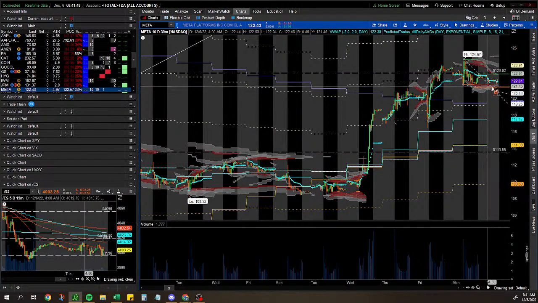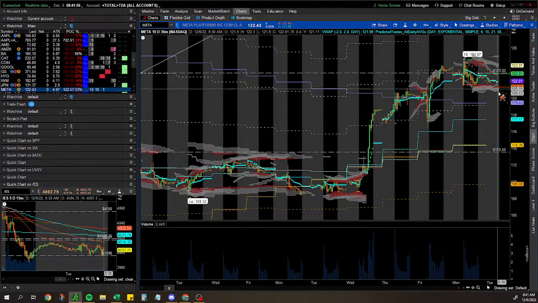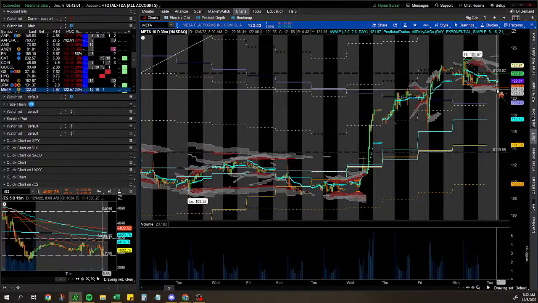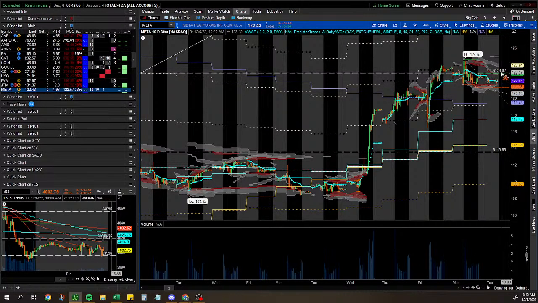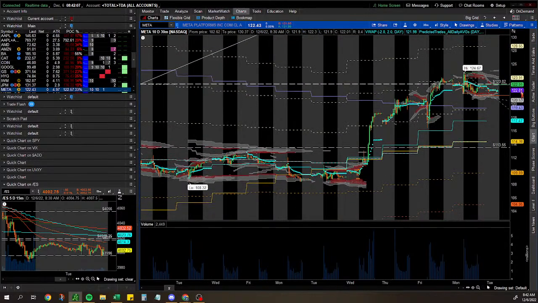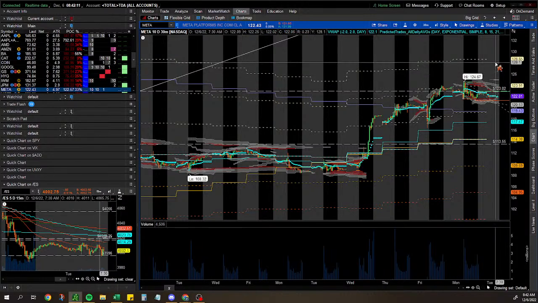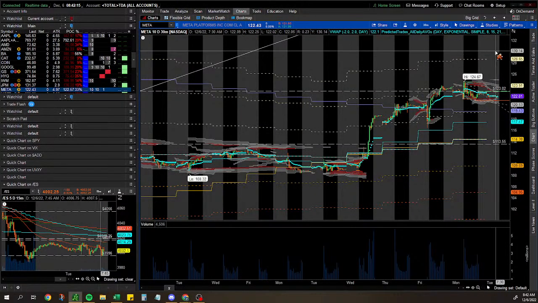So let's see if we can continue to hold that 121. 120 starts to put us back down near the daily 50 and breaking out of the squeeze bottoms. So ultimately, let's see if we can hold 121 and try to push back through 123. If we were to break out to the upside, next target, that psych level 125. Next Keltner up is up near 128, and that's psych level 130.